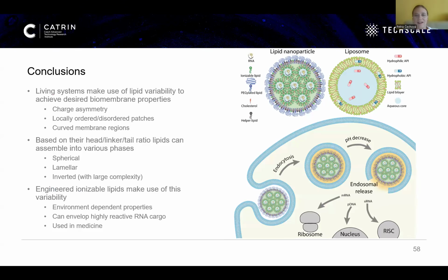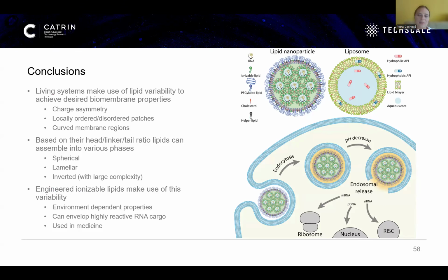With that, I would like to just summarize what I've said here. Basically, lipids are biological molecules that have a great variability of structure and function, and cells use this variability to put them into membranes that actually have a wide variety of properties inside the cell.